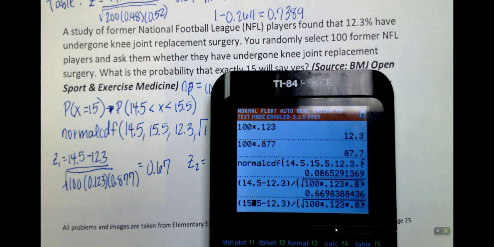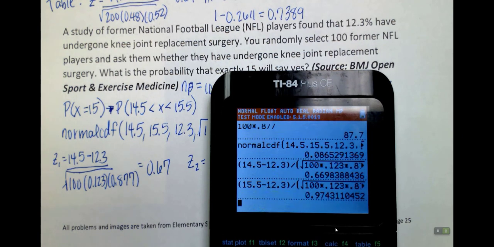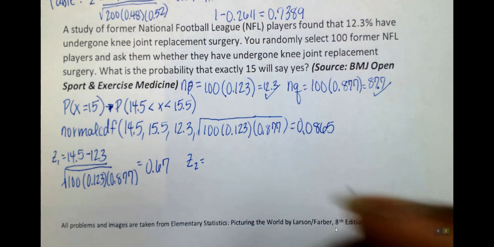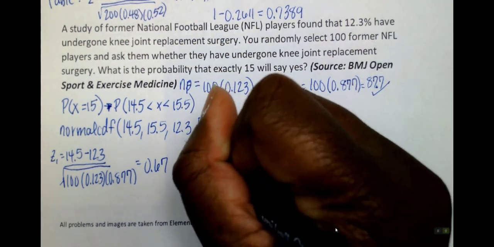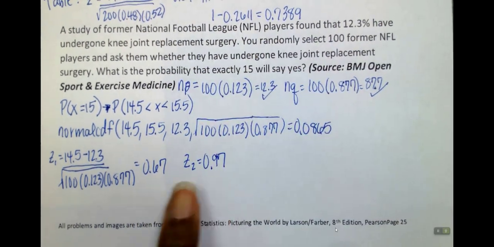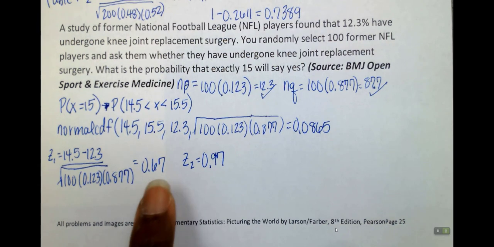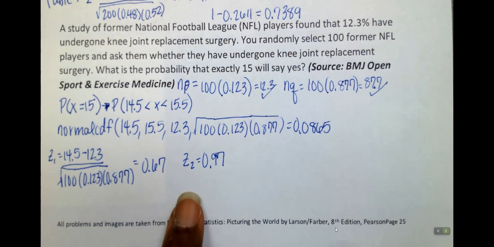So all I did was second enter, and I changed this number so I can get my second z. 0.97. I'm going to take these two z's with the areas and just subtract.